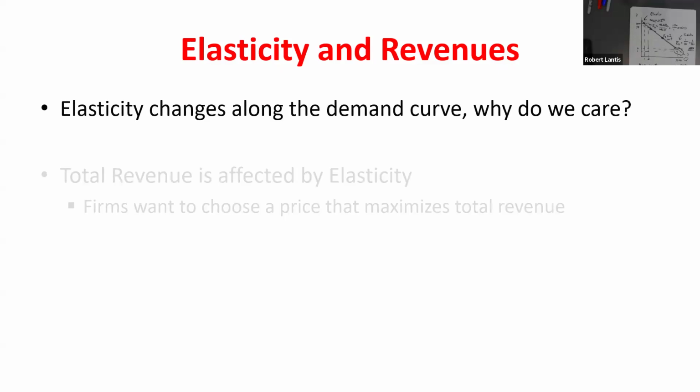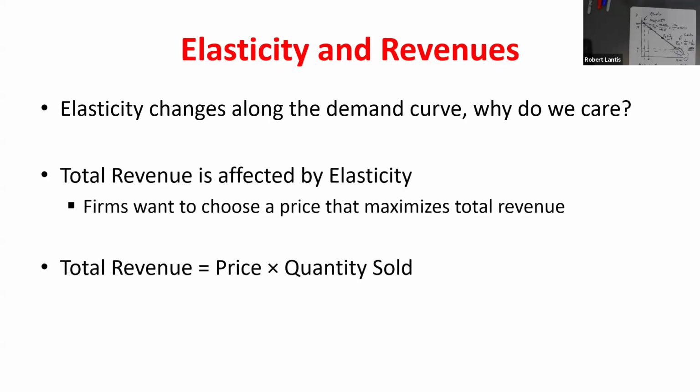Why do we care about this? Well, if total revenue is price times quantity, why would I, as a company, hope demand is inelastic? If I'm thinking about lowering the price, what is that going to do to my total revenues?